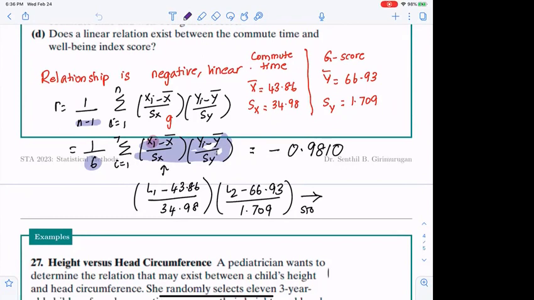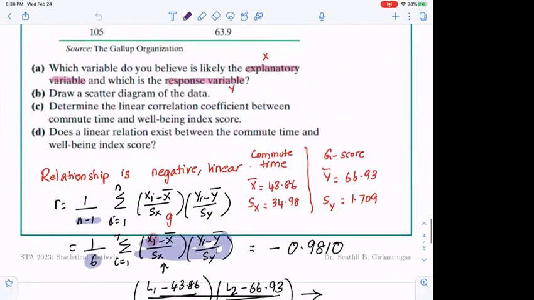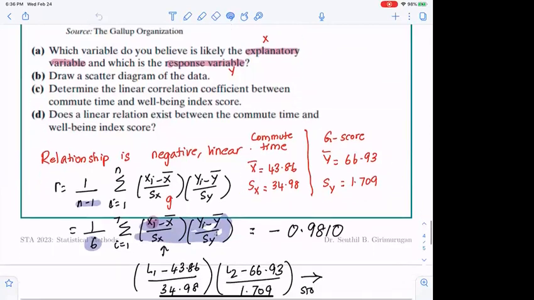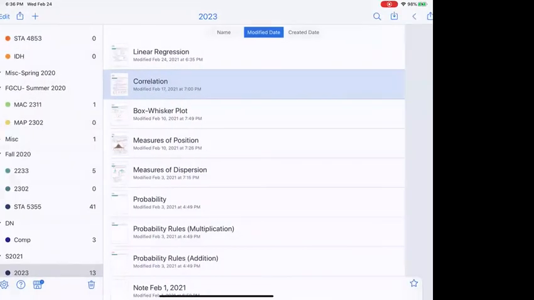The standard deviation for X was 34.98, and the standard deviation for Y was 1.709. And the value of R was simply negative 0.9810.